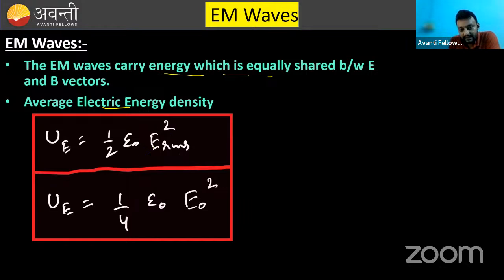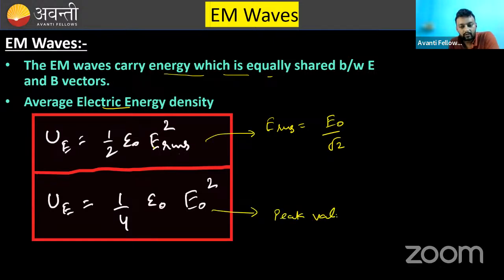And you know that E RMS is E naught by root 2. If you place this value in this relation, then you will get 1 by 4 epsilon naught E naught square. What is E naught? Peak value of electric field.